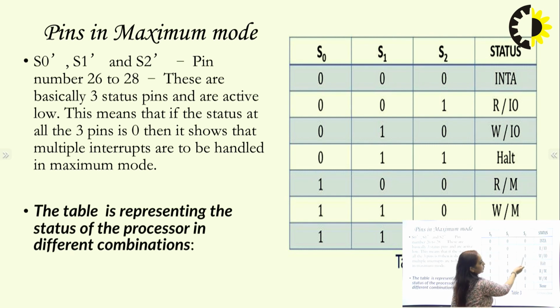For 010, we are writing data on IO ports. When S0 is 0, S1 is 1 and S2 is 1, we have halt operation. For 100, we are reading data from memory. For 110, we are writing data on memory, and for 111, nothing will be done. Your device will be in a passive state, or we can say inactive mode.